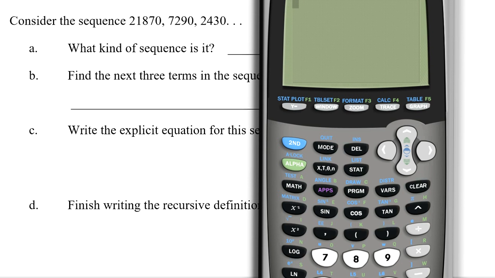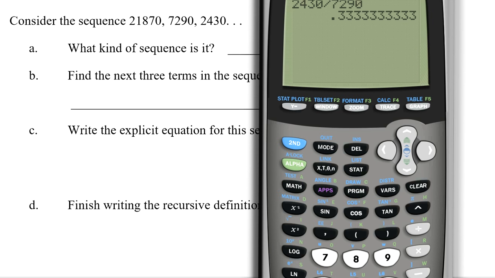I'm pretty sure, based on the gaps, that I'm not adding the same value each time. So let's try and look at it in terms of a ratio. If I take 2430 and I divide that by 7290, I get 0.3 repeated.